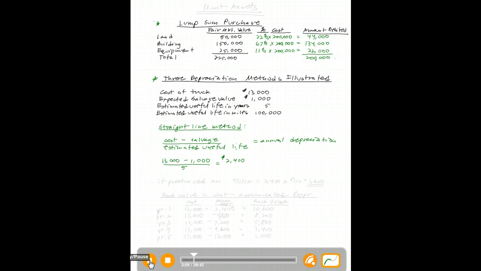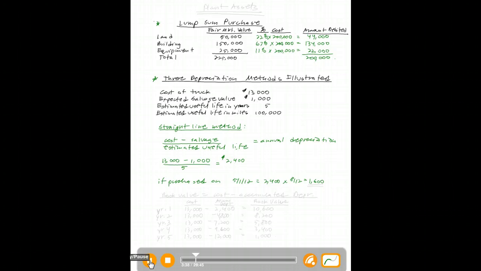If we had not purchased this on January 1, but let's say we purchased it May 1st, on May Day, then we would have to allocate this annual depreciation for 8 months, because we would have had it for May, June, July, August, September, October, November, December. So that's 8 months.